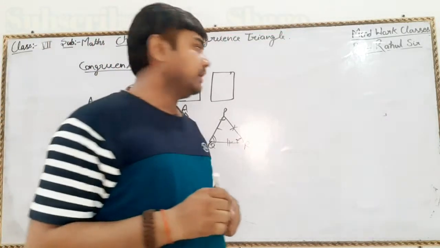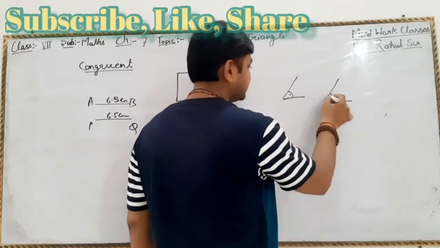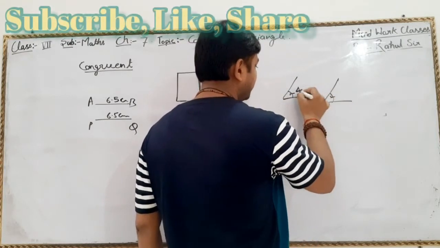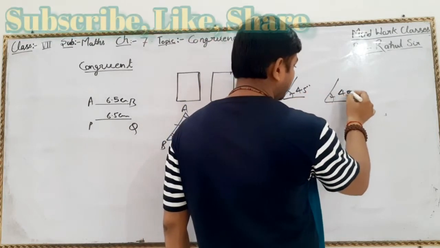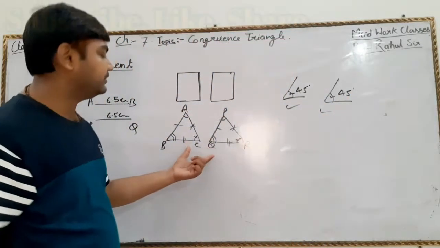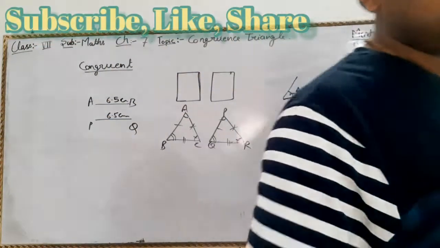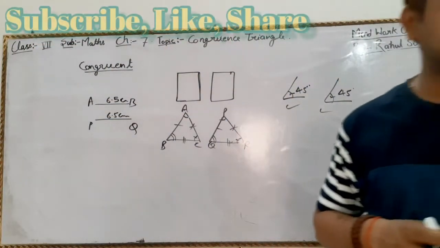Similarly, if two angles are exactly the same, this is 45 degrees and this is also 45 degrees, then these two angles are congruent. So these things are known as congruent.